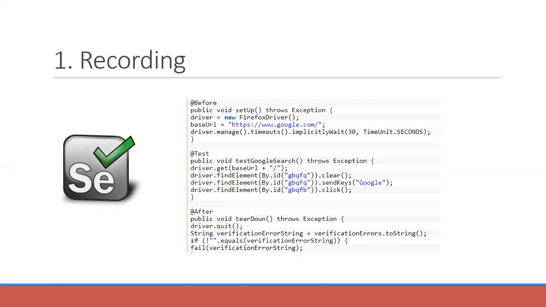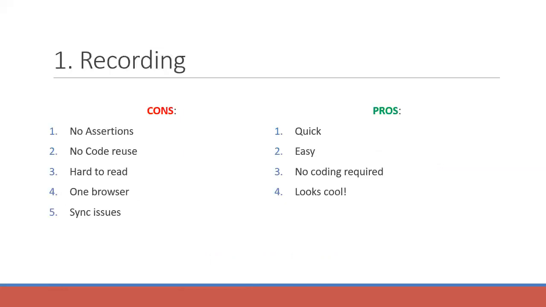You can run it. It's legit. However, no assertions, no code reuse, hard to read, only one browser, Firefox initially, right? Some sync issues because there's no wait. If you click something, you need to wait a while because logging in sometimes takes time.